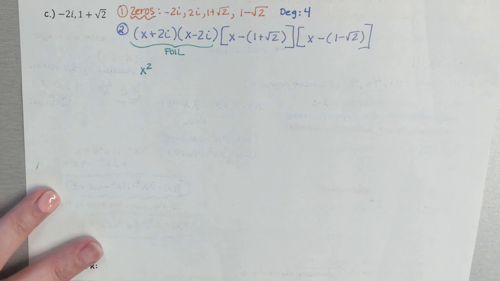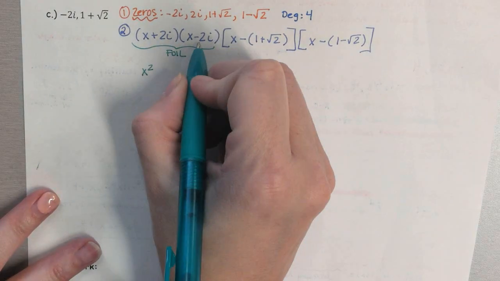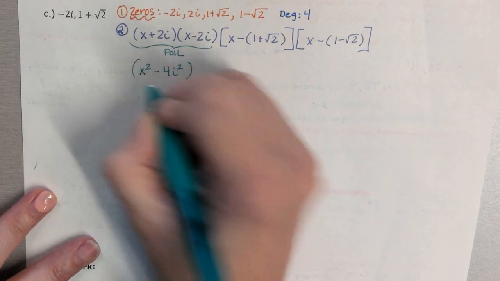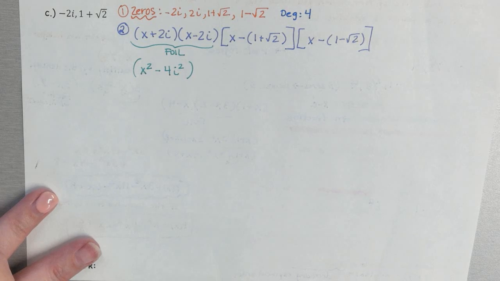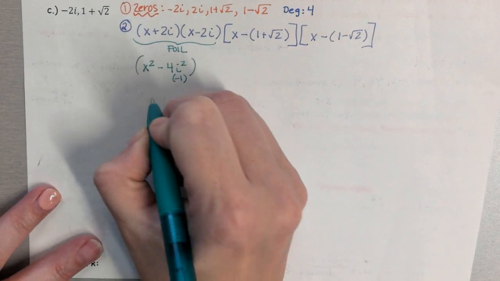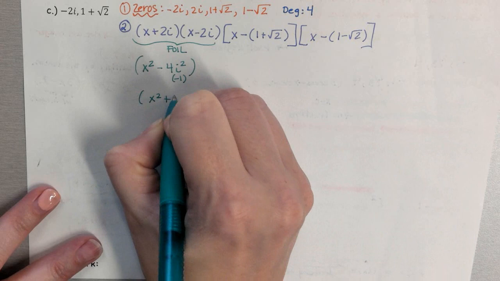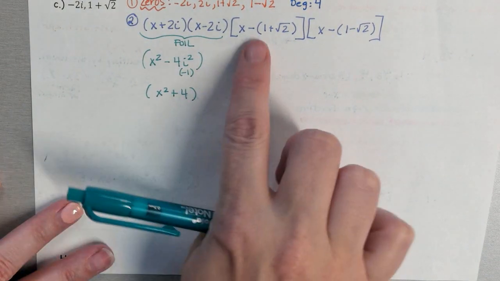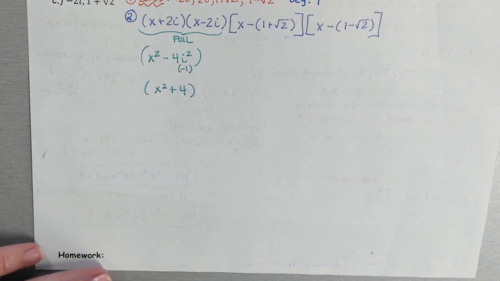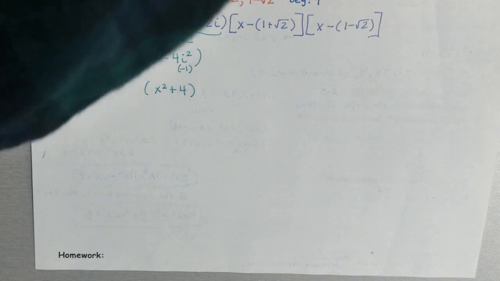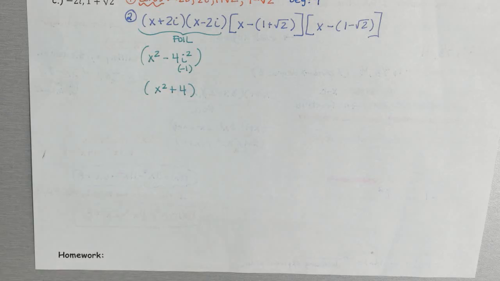So you don't even have to write that part down. The 2i times the negative 2i is minus 4i squared. Keep that in your parentheses. Okay? That's our new quantity. Now, every time you have i squared, what do you plug in for it? Negative 1. So negative 4 times negative 1 is positive 4. Okay, so we've simplified this as far as we can go. Now we're going to have to simplify this one. Okay, and then we'll end up multiplying them together once they are both simplified.